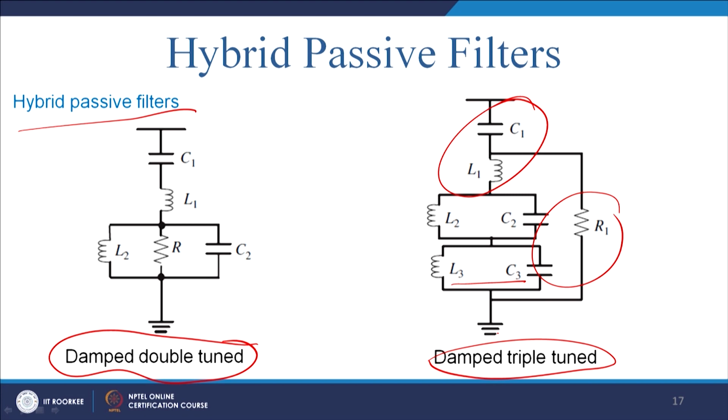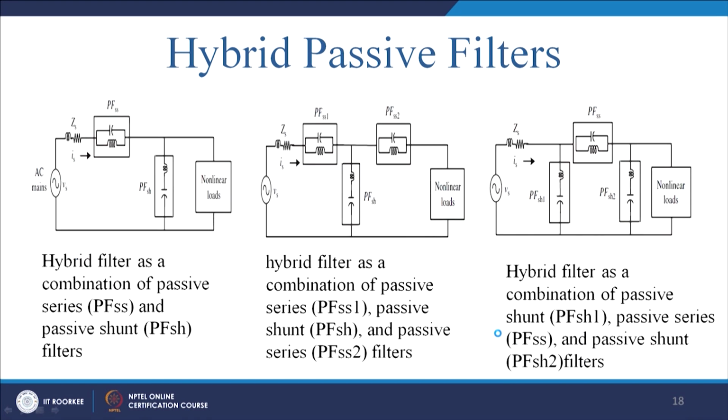Those kinds of combinations are possible. This is one of the combinations I am showing you. The hybrid filter is a combination of the passive series and passive shunt.